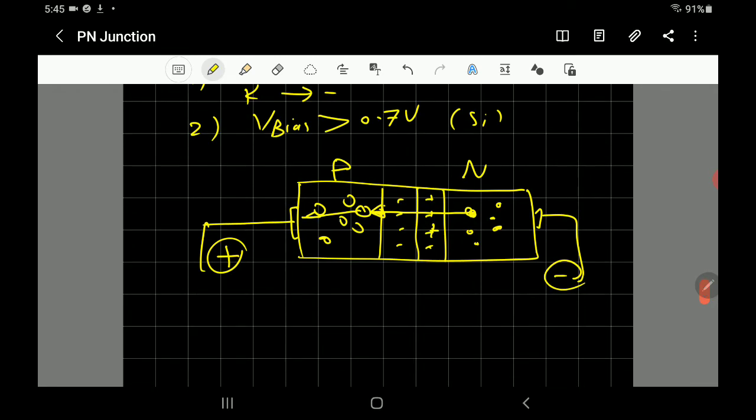Remember, when we say the electronic current is in this direction, it means the positive current will be in the opposite direction.